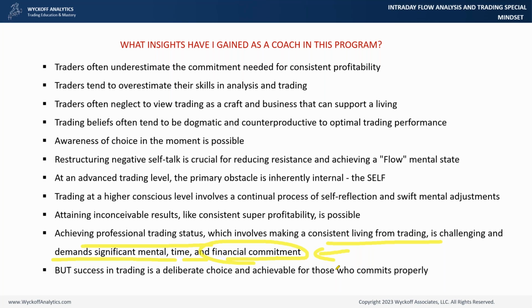But to step into that financial commitment is like buying a college degree, and you're getting the college degree. You're getting not just the knowledge, but also the training behind that. And that requires that financial commitment.